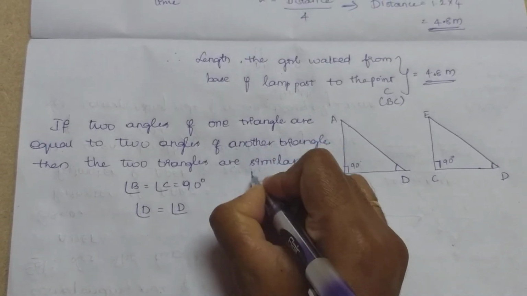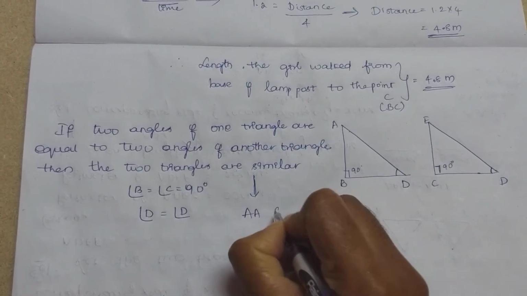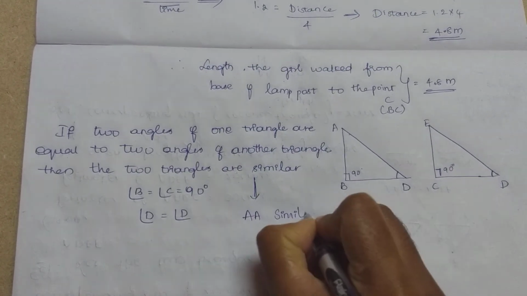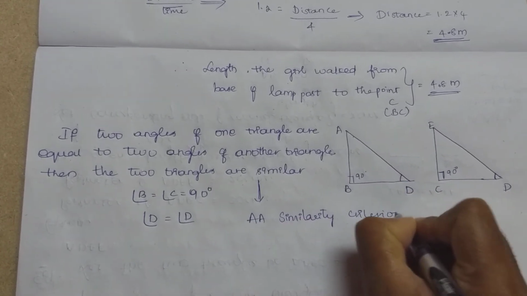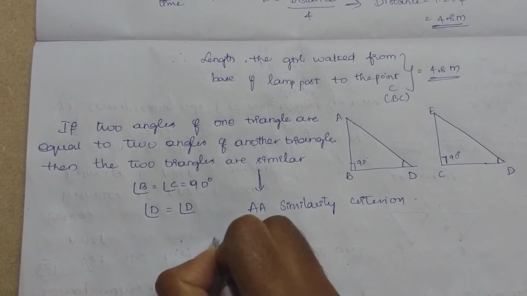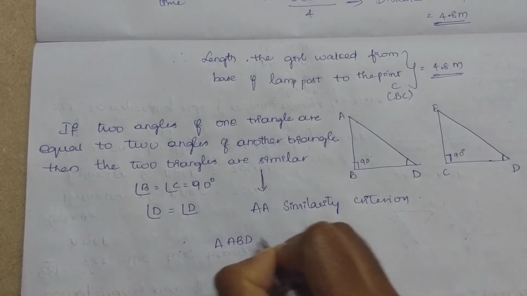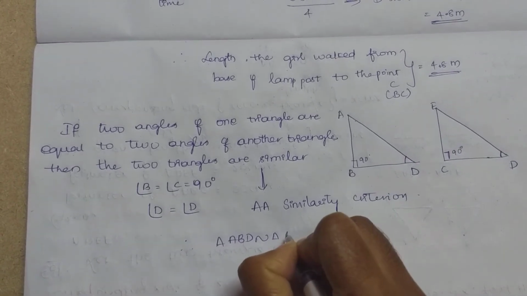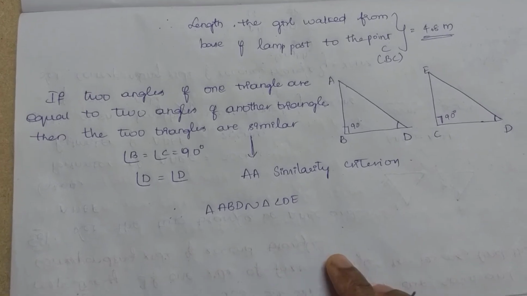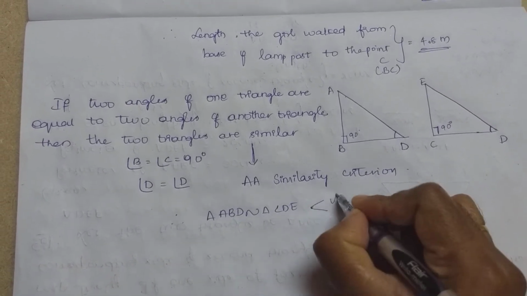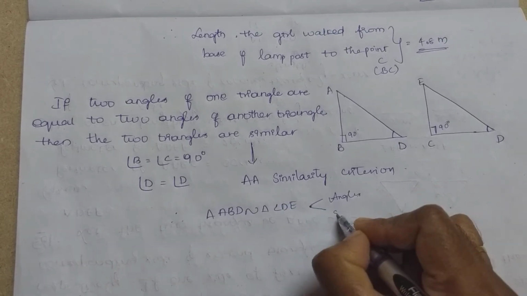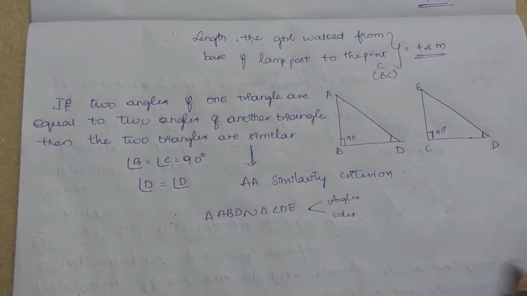Therefore, triangle ABD is similar to triangle CDE. If two triangles are similar, it means their corresponding angles are equal and their sides are proportional.